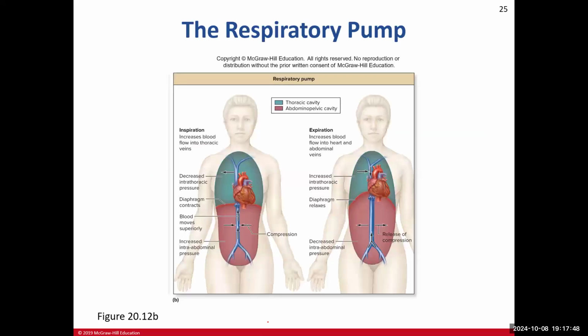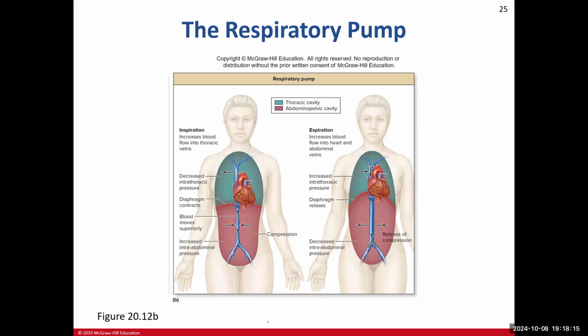There's a third one here. So here you can see our respiratory pump. Here's when you're taking your breath, diaphragm flattens, the pressure in the thoracic cavity becomes less than the pressure in the abdominal cavity. So pressure gradient, blood will move from an area of high pressure to low pressure. So it moves into the thoracic cavity. And then when you exhale, the diaphragm then relaxes and goes back to its dome position.